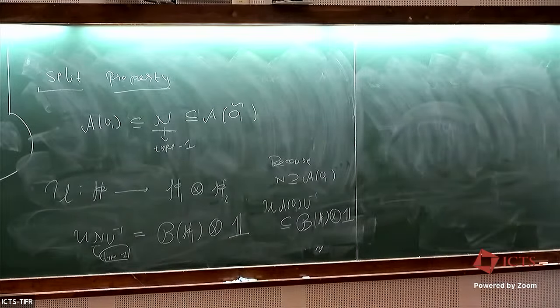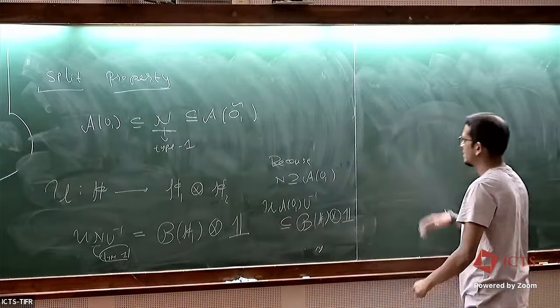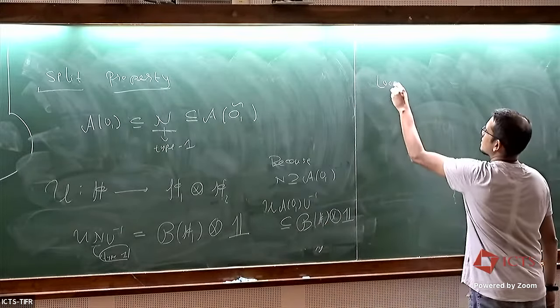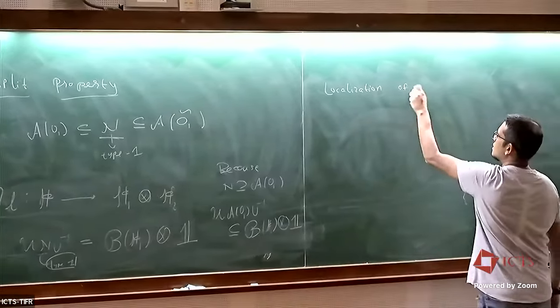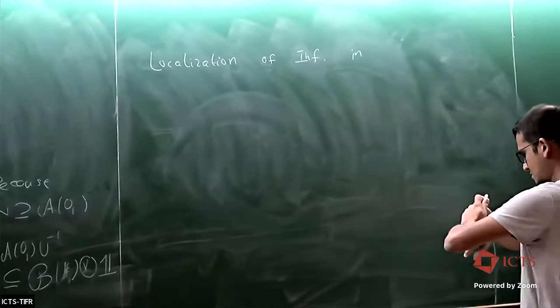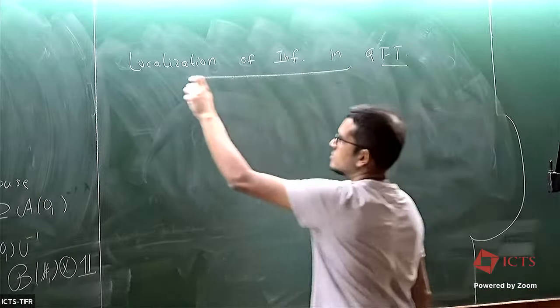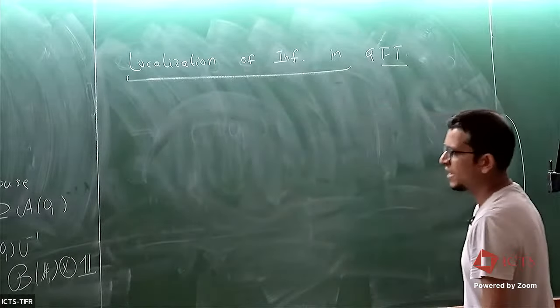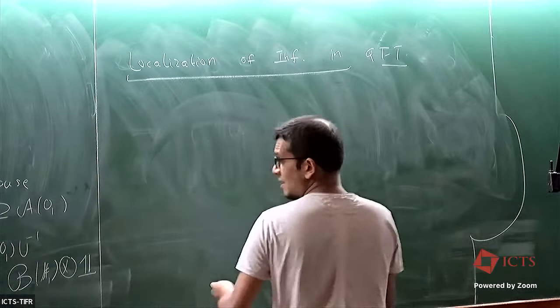Okay. So now, if there are no questions about this, I will just go to the localization statement of information in QFT. So now let's consider the following situation where we take two states.